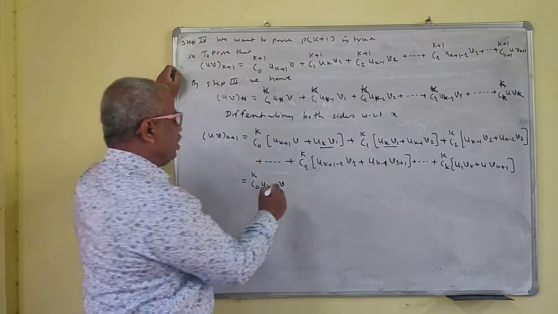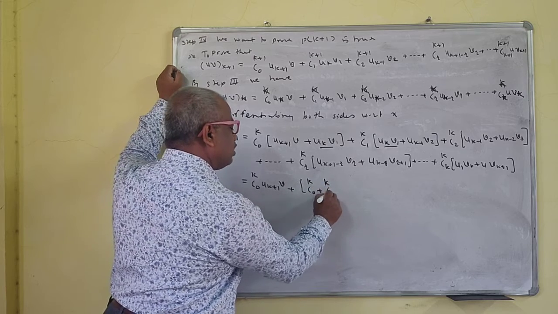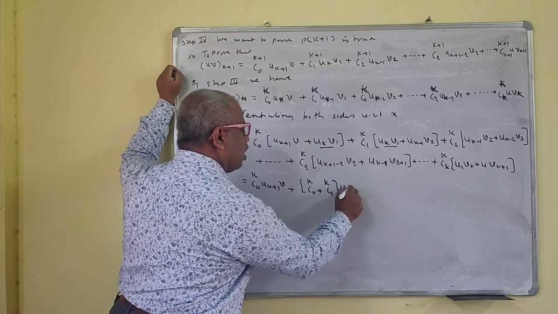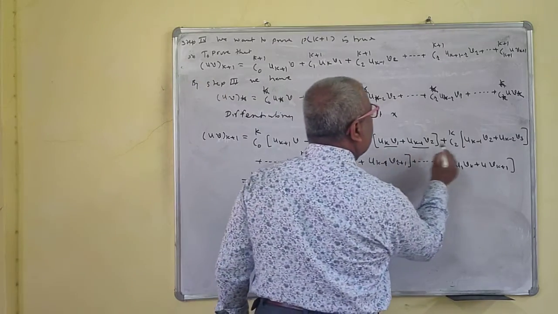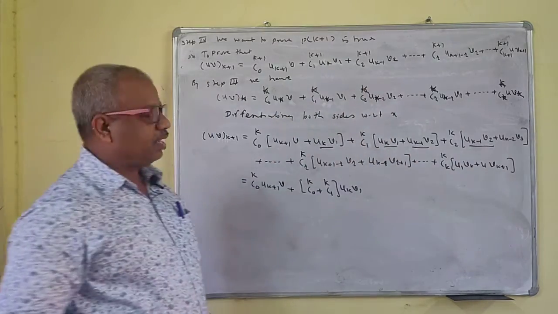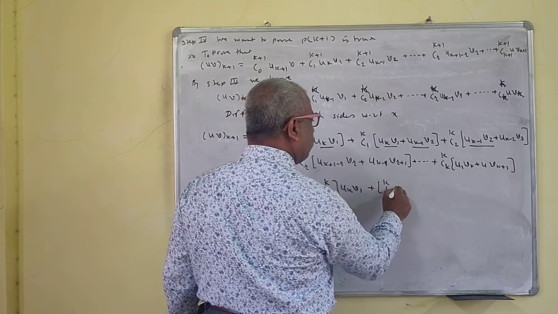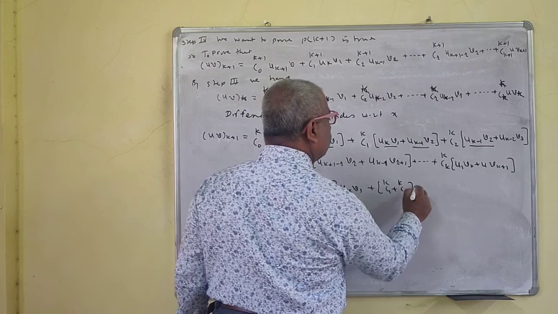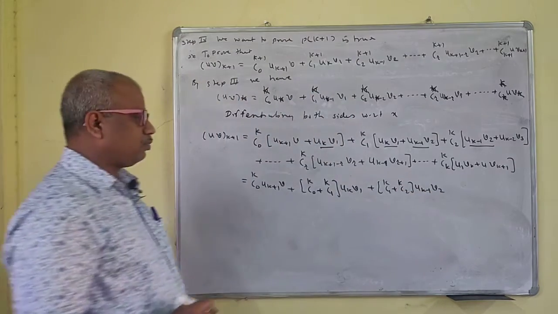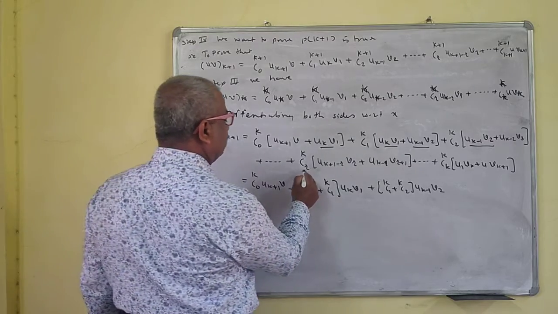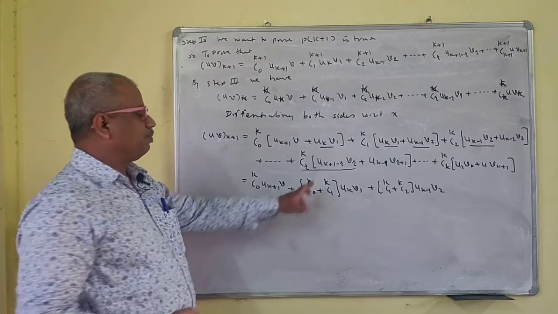So that means here, plus kc0 plus kc1 uk v1. Now see this and this are here, so the coefficient is kc1 plus kc2 for uk minus 1 v2. Now for this kcr, k plus 1 cr is here.